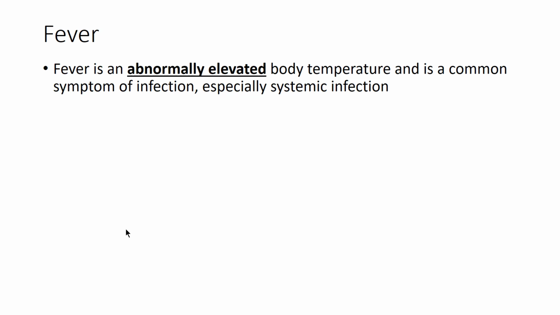Now, fever is something that can eventually happen if you have lots of these cytokines and specific types of cytokines. The body essentially can raise the temperature, and what that can ultimately do, as we'll see on the next slide or a couple slides here, is begin to impede microorganisms from establishing.